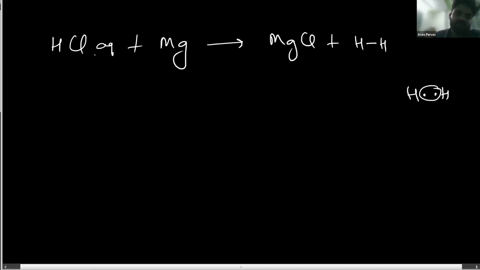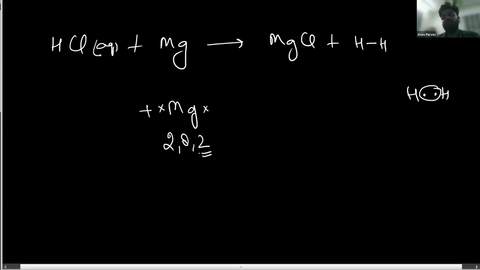This is aqueous. When magnesium ribbon is added to this, what is going to happen? Metals are electron donors. This is magnesium, and it has 2 electrons in its outermost shell.